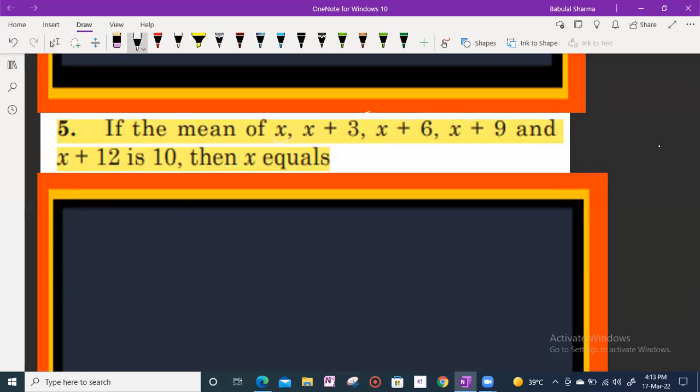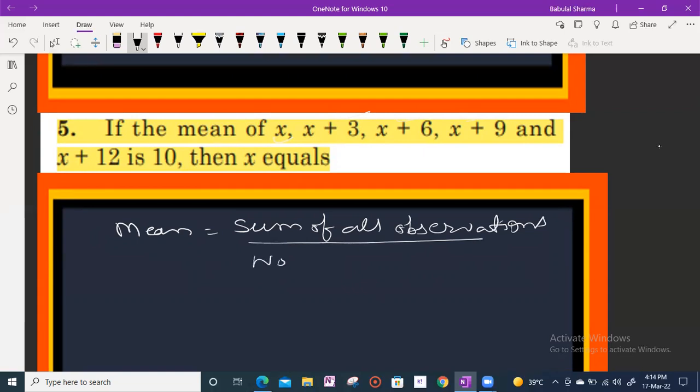So the formula of the mean is the sum of all observations upon the number of observations.